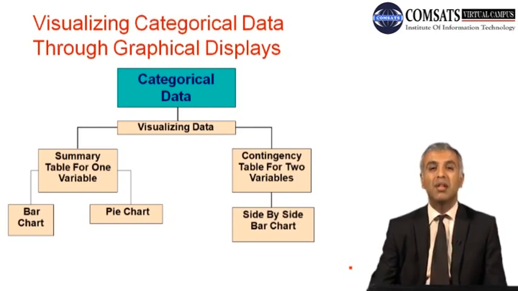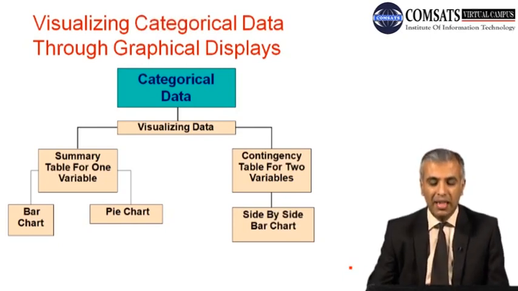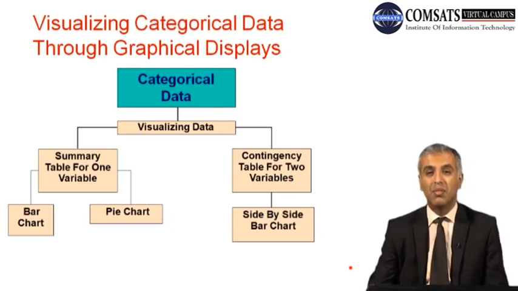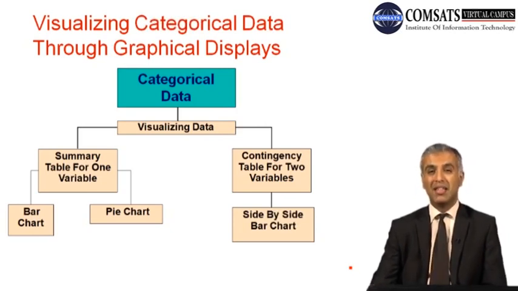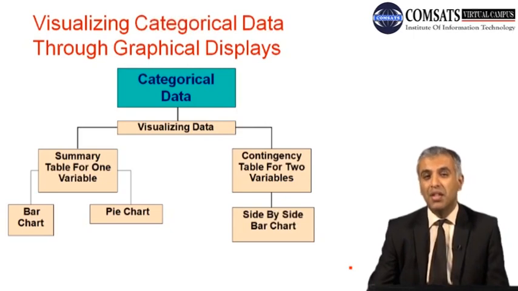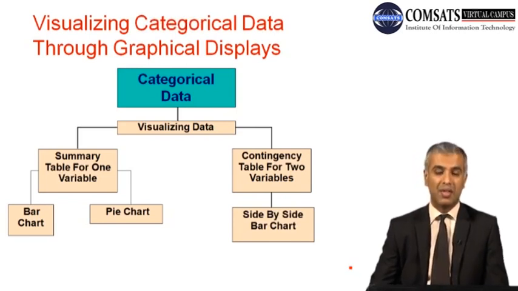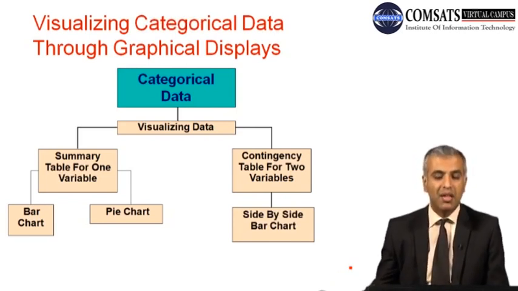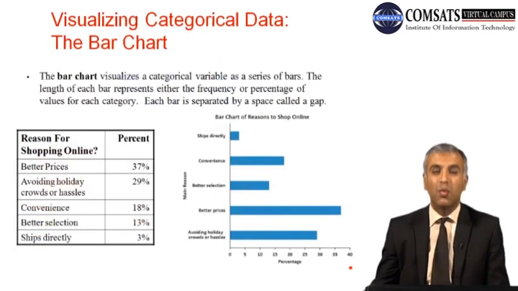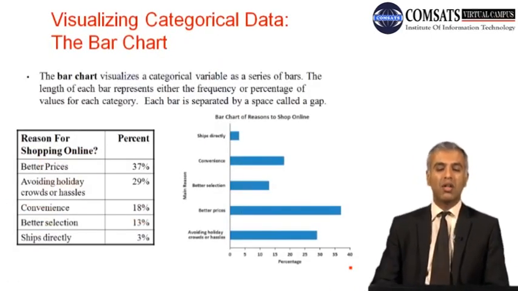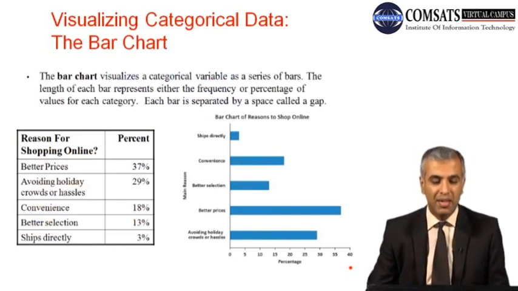Likewise, a contingency table for two variables can be portrayed in a side-by-side bar chart, in which the same information is presented in two bars for showing two variables of the same type. This is just one example of how a bar chart is presented.